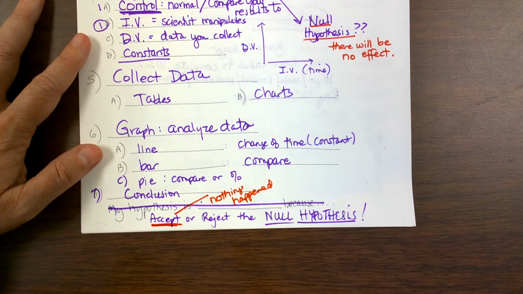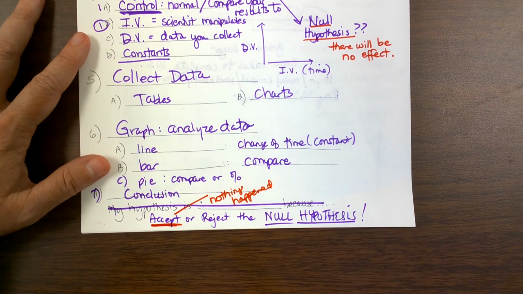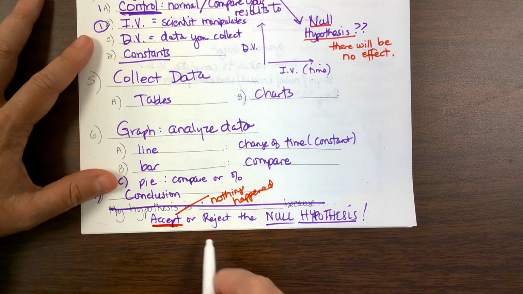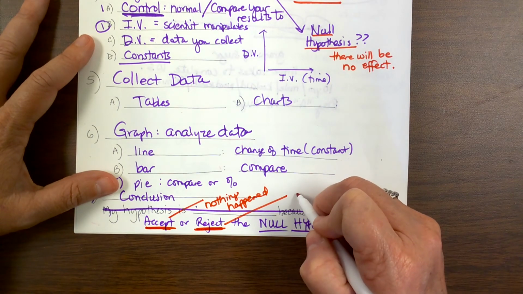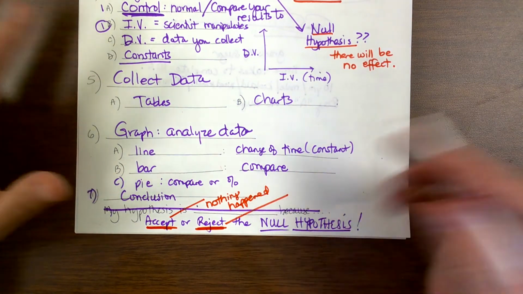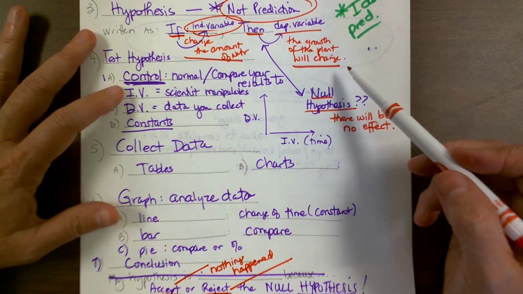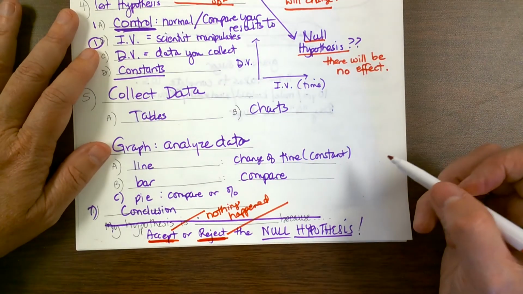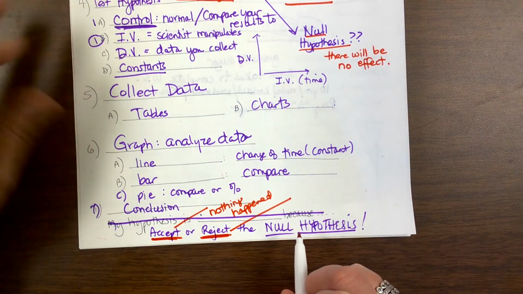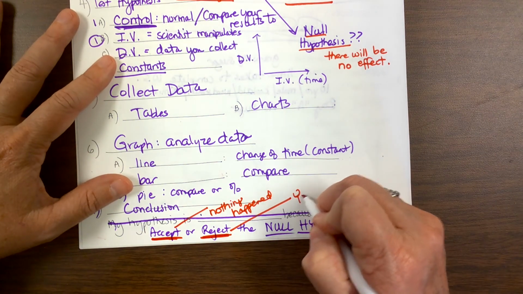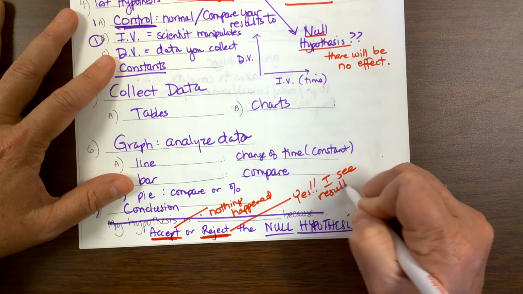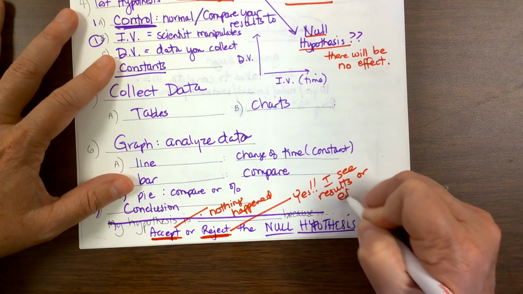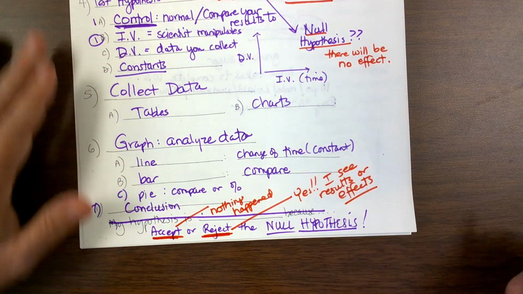So you have to accept the fact that your variable did not have an effect on your experiment. When you reject the null, you show that there is some sort of something occurring. If the plants did grow at different rates, and we'll learn how to do calculations or whatnot, you reject the null. You say, yes, something happened. I see results or effects. Okay, so we'll go over that as well.